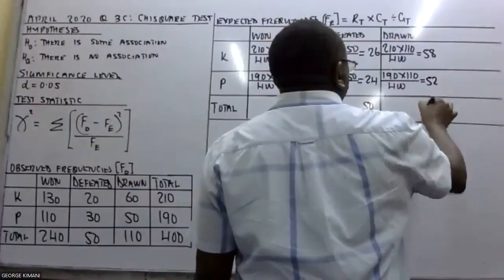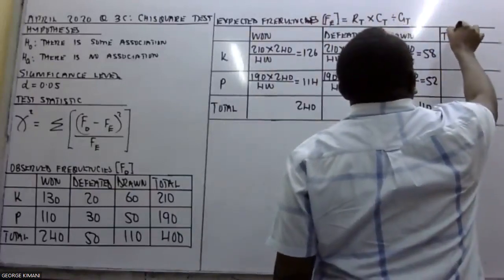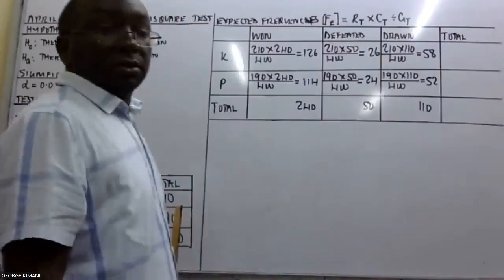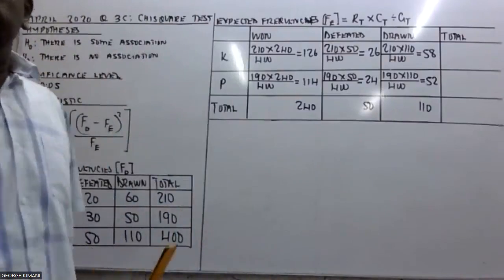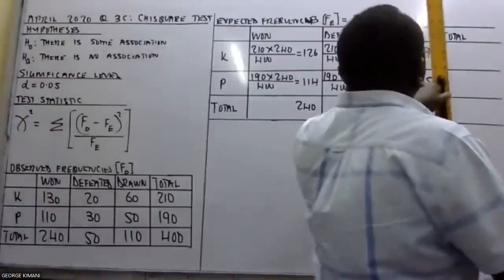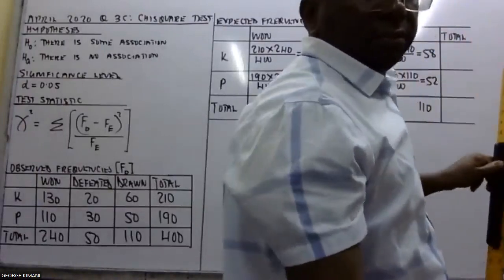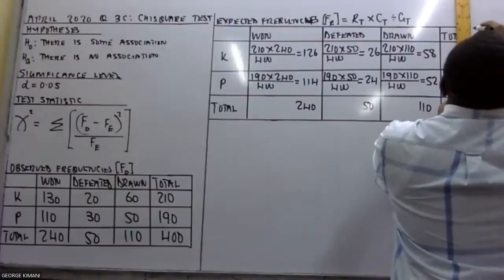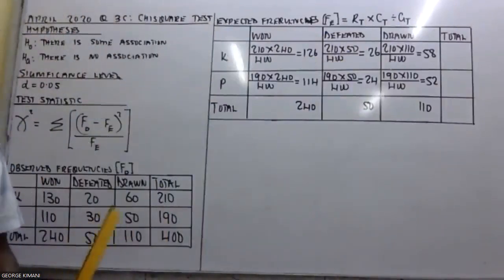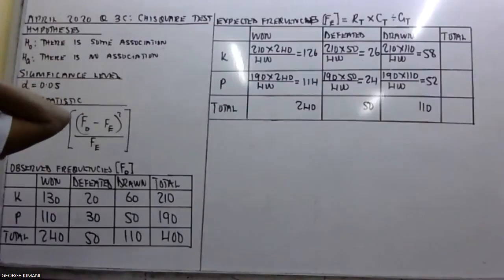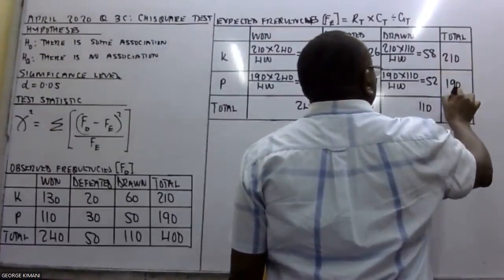And it adds back to 110. So total to 210 and 190, yeah? So that the grand total is 400.